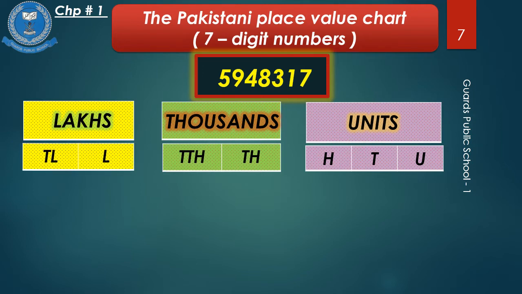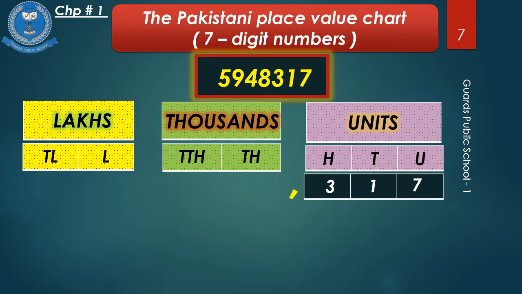Now start placing the digits in the place value chart. Let's begin. 7 is at unit place, 1 is at tens place, 3 is at 100 place. As we have completed unit family, that is unit tens and hundred, we will put comma to separate unit family with thousand family.